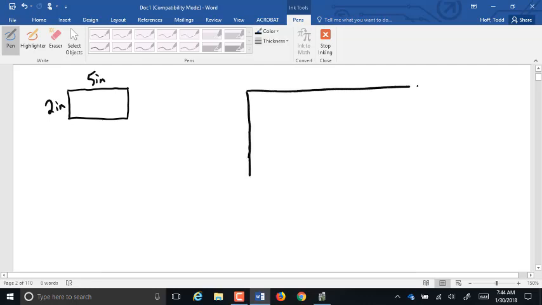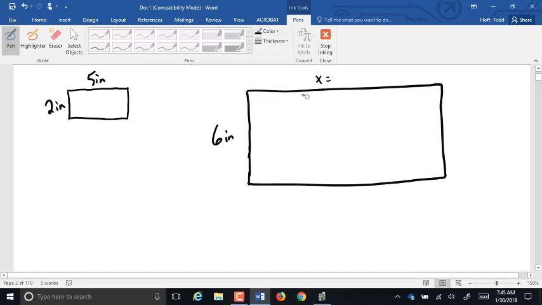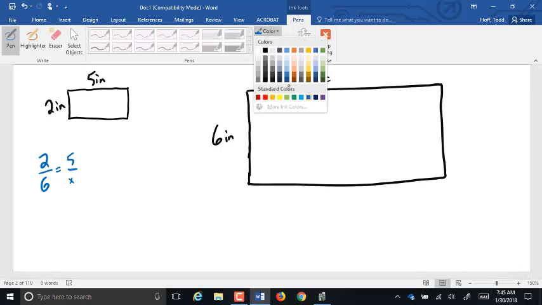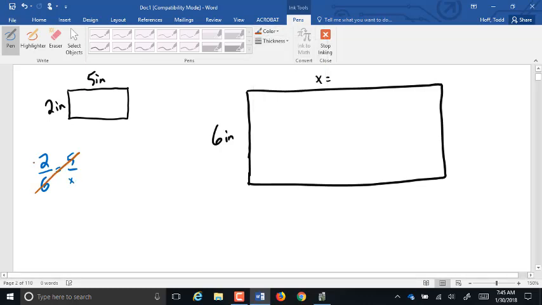And we're going to blow it up. This is now 6 inches. What's this dimension up here going to have to be? Yeah, 2 became 6, so 5 becomes x. We cross multiply and divide. 6 times 5 divided by 2 is going to be 15 inches.